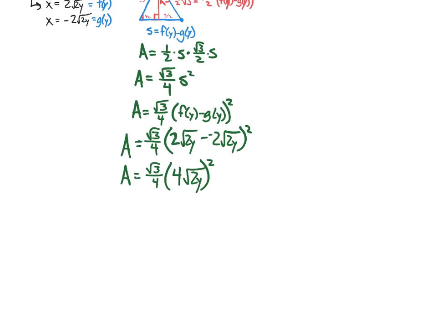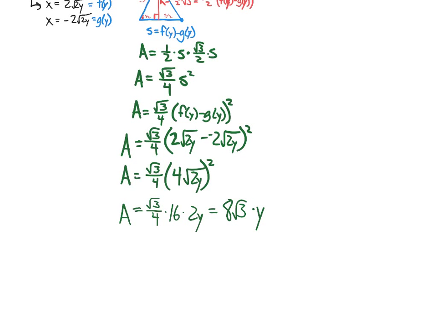So now when I square this, I have root 3 over 4 times 16 times 2y. So that's going to be 8 root 3 times y.